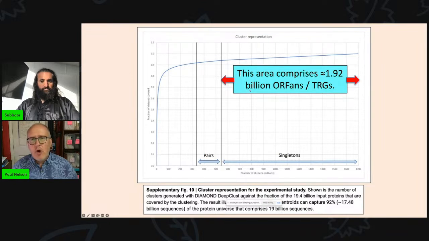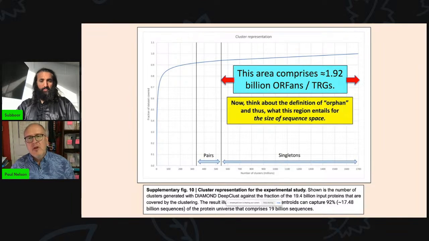And the total number here of unique sequences is approaching 2 billion. Now, why is that significant? Well, for all kinds of reasons. But the one that I'm going to explore when we come to the end, I'm saving the best for the end, is if you think about what an orphan means, how it's defined. It has remarkable consequences for the size of sequence space.